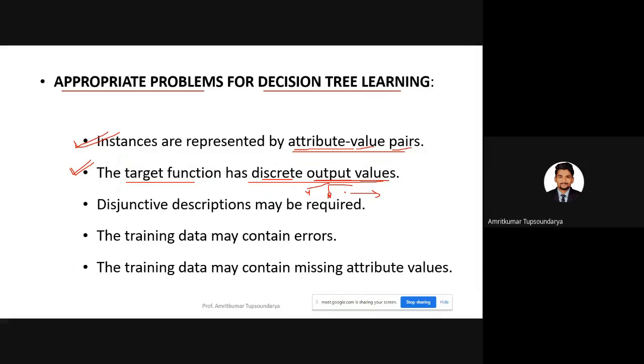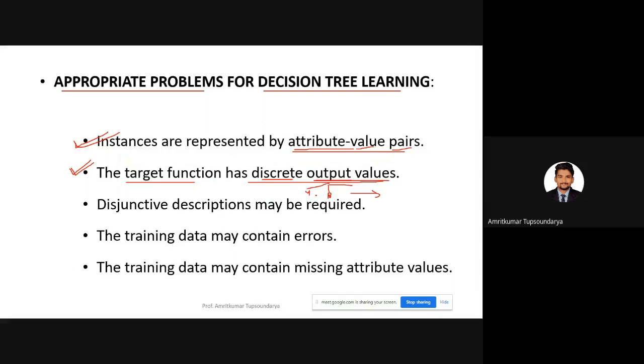If we want to extend decision tree learning for more than two possible output values, a more substantial extension allows learning target functions with real valued output. By real valued, I mean, for example, temperature. We are giving temperature as hot, but this can be classified with real valued outputs, some numerical value like 32 degrees Celsius or 42 degrees Celsius.